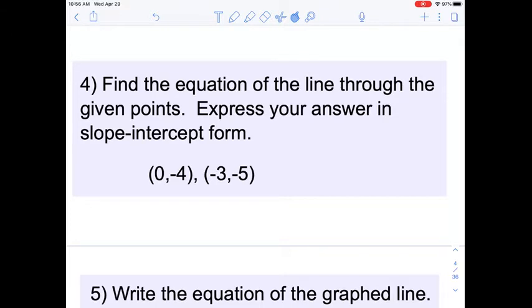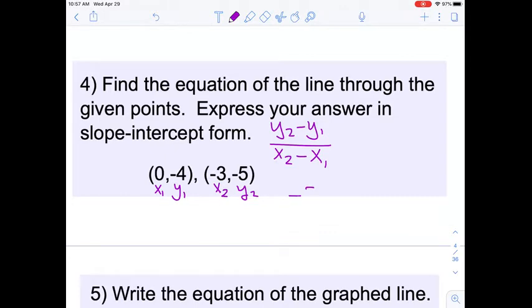Number 4 says find the equation of the line through the given points. Express your answer in slope-intercept form. So the first thing that I am going to do is find the slope. I'm going to do this by taking y2 minus y1 over x2 minus x1. If I label these points, this would be x1, y1, x2, y2. Then I just plug them in.